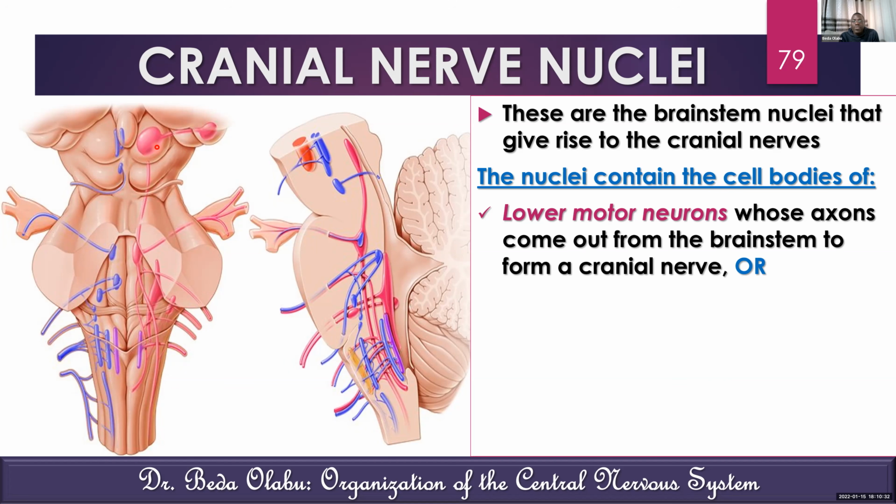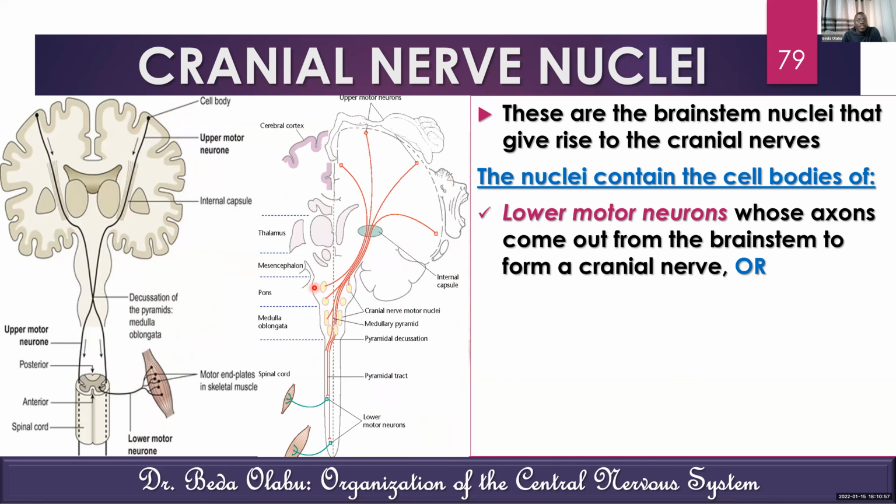Usually, we have what we call upper motor neuron and lower motor neuron. Upper motor neuron may arise from the cerebral cortex or somewhere in the brainstem and terminate on a lower motor neuron. A lower motor neuron is a neuron whose axon comes out from the brainstem or spinal cord to go to a muscle. For example, in this image, we see a neuron coming from the cerebral cortex.